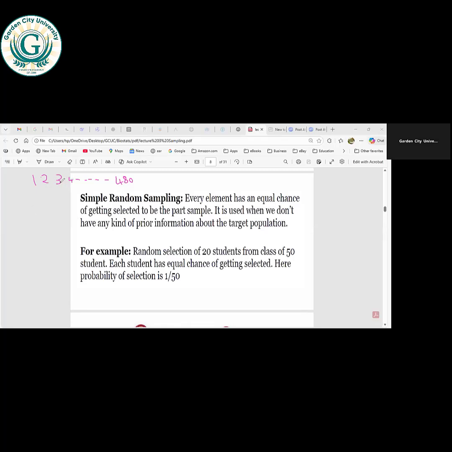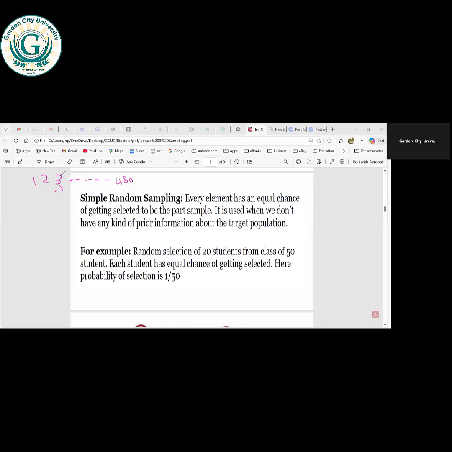Let's say I'm selecting 5 individuals. Randomly, I'm going to pick 5 papers, let's say from a bowl or on a table. Here, I don't have any knowledge about the number that I'm going to pick. So let's assume that I pick this one.